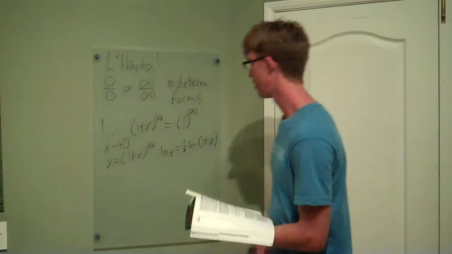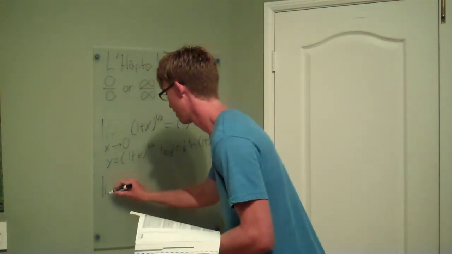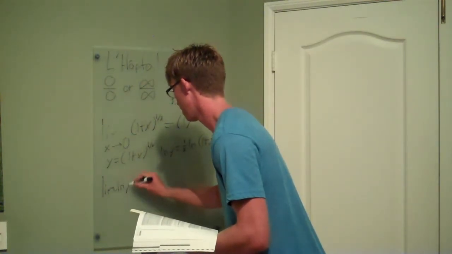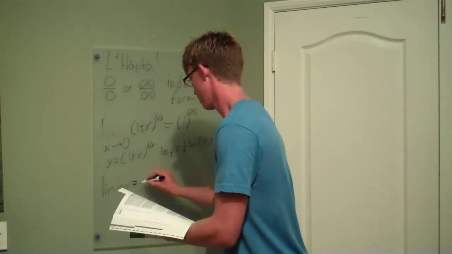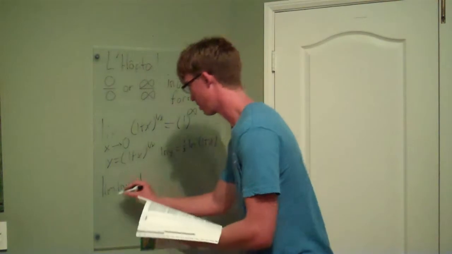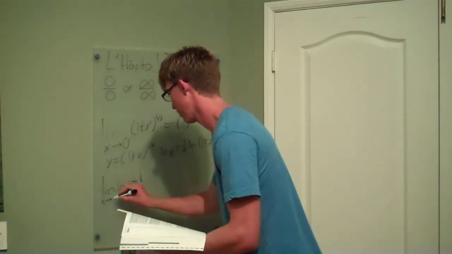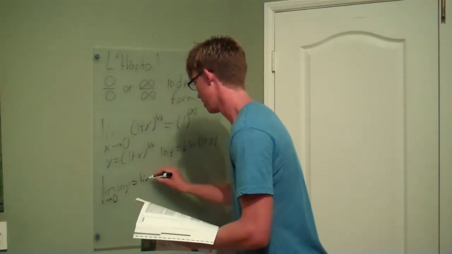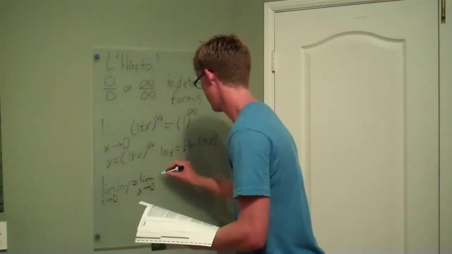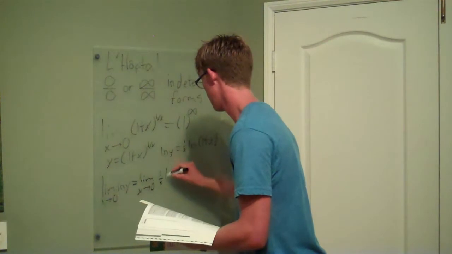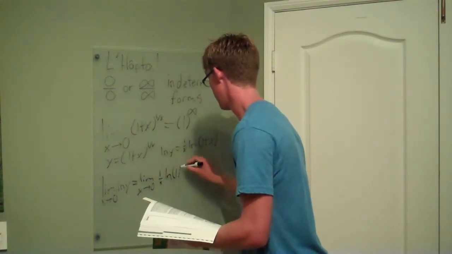And so, we have the limit as x goes to 0 of the ln of y is equal to the limit as x goes to 0 of 1 over x ln (1 plus x).